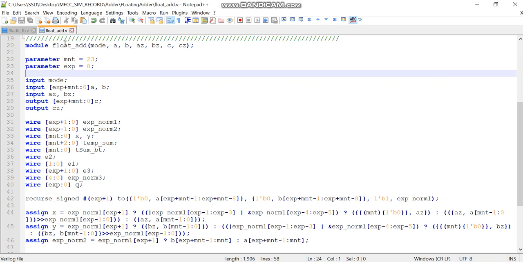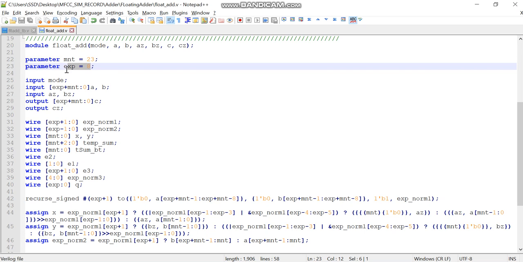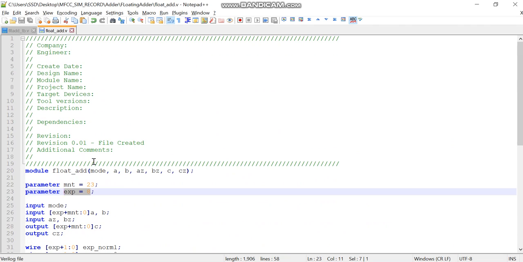This module, float add, gives the floating point addition. The mantissa is 23 bits and the exponent is 8 bits, as explained. The three steps required for floating point addition are: first, the exponent equalization; second, the mantissa shifting; and third, the mantissa addition.